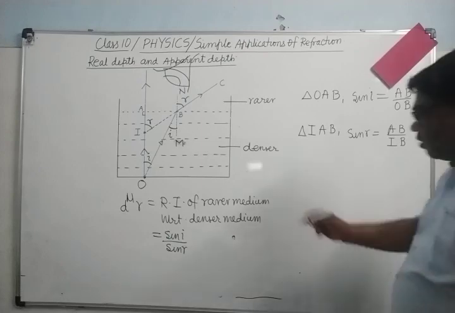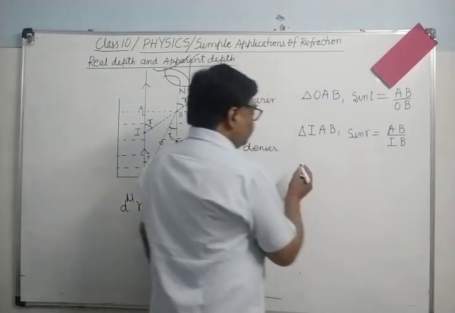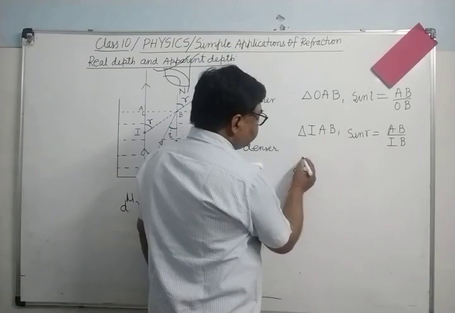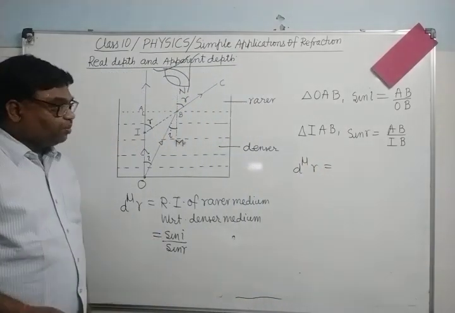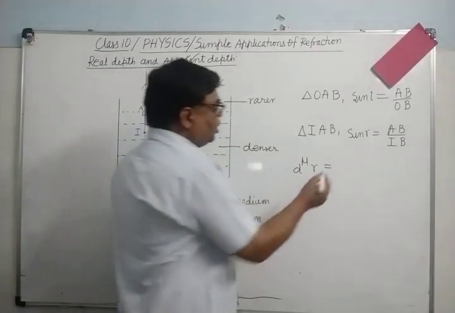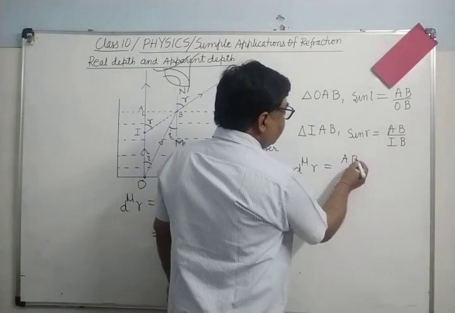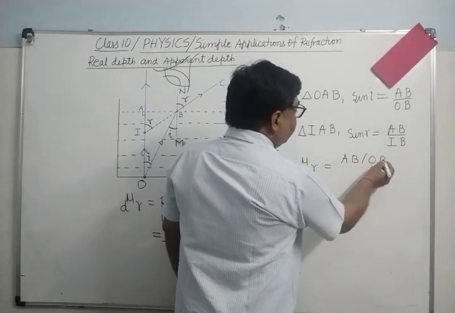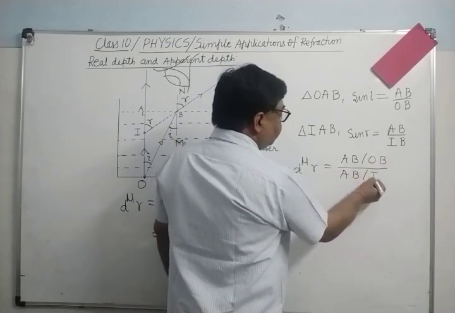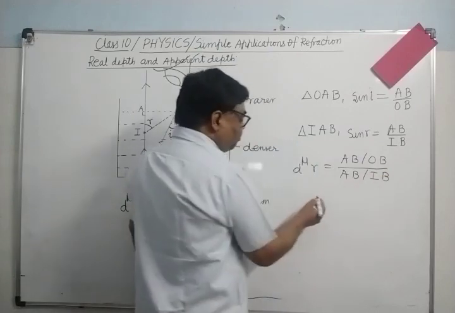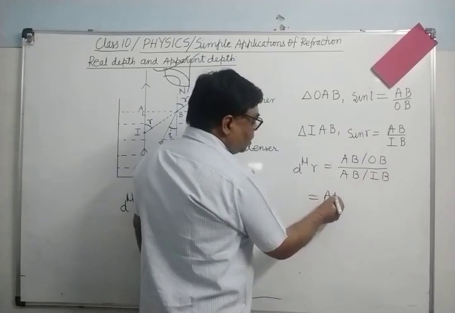So what will be d mu r? D mu r you can write as sin I upon sin r. In place of sin I you write AB upon OB, in place of sin r, AB upon IB. When you simplify, it will be equal to what?